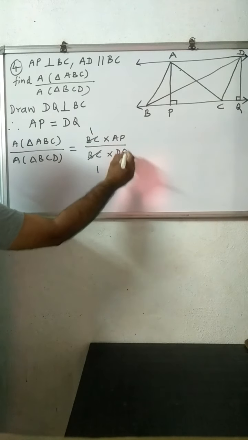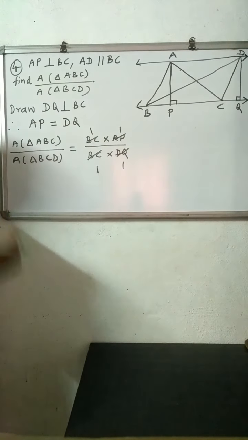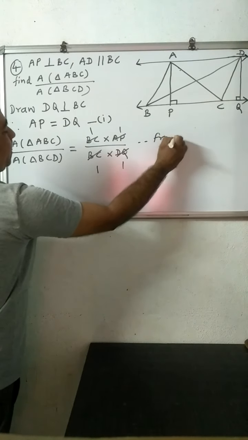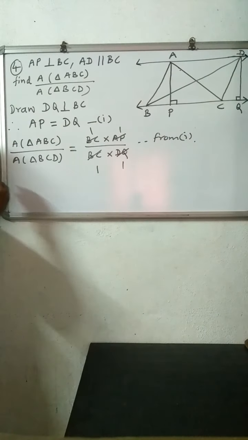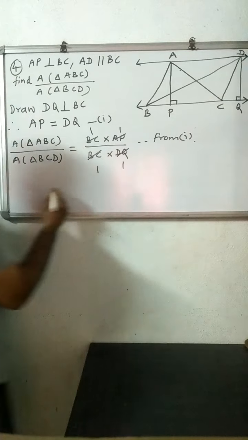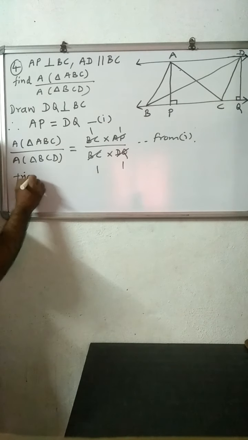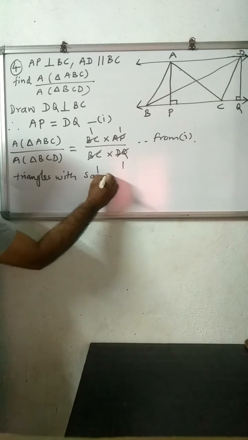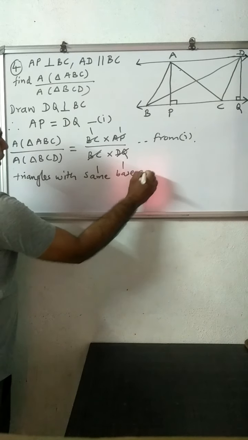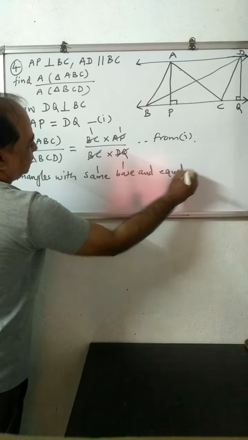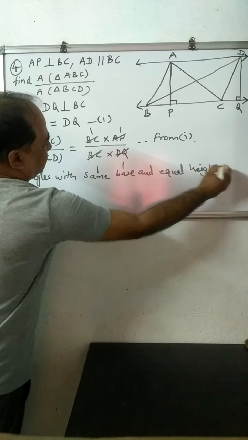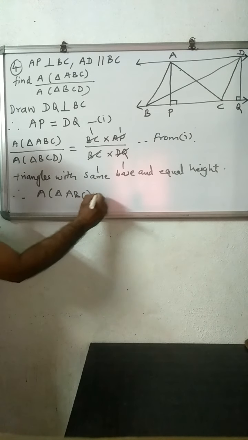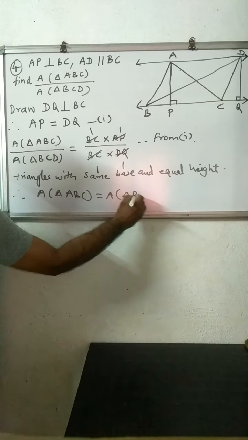Here DQ height is also equal. So triangles with same base and same height. Triangles with same base and equal height, they are equal in area. Therefore, area triangle ABC is equal to area triangle BCD.